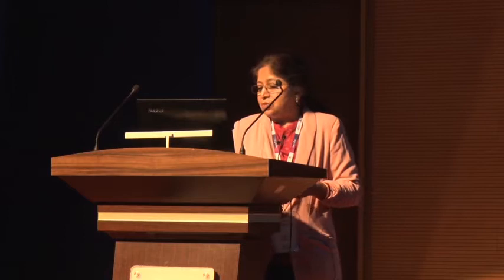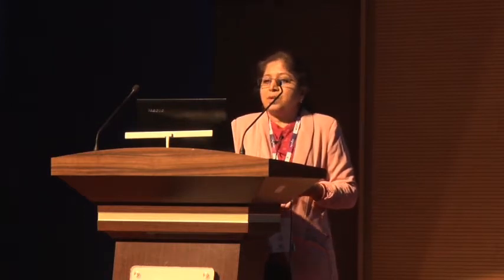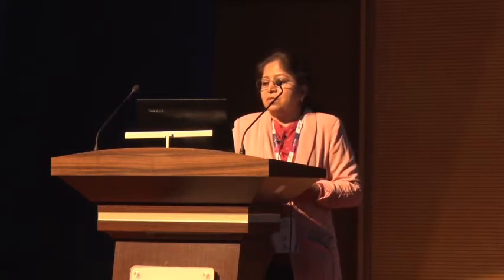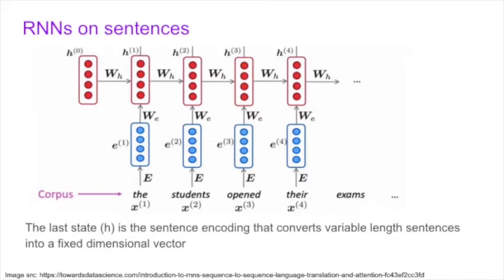We are going to use examples to learn these parameters. So, suppose we are now going to use these RNNs on sentences to get a summary or an embedding of a sentence. Let us say you have a sentence which starts as follows: the students opened their exams. An RNN will be used to collapse this sentence into a fixed dimensional vector as follows. We will start with some initial state, and then we will read the first word.